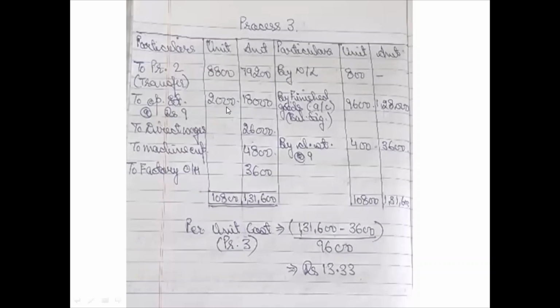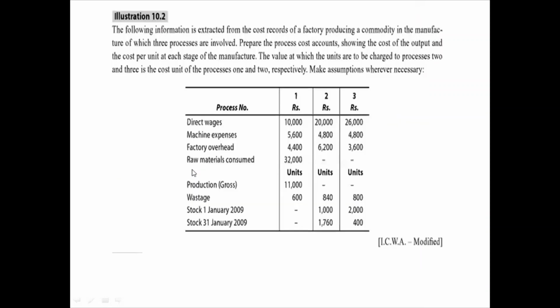So 2,000 units are still lying in the process, and what was the valuation at rupee 9? So 9 twos are 18,000. Again, we have added all the expenses, direct wages, machine expenses, and factory overhead as given to you in the question: 26,000, 4,800, and 3,600. How much are the wastages? 800 unit and 400 unit.